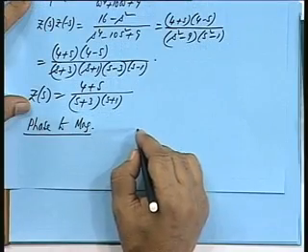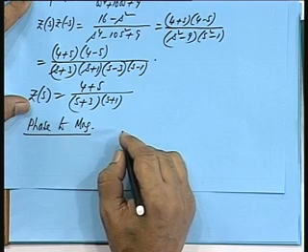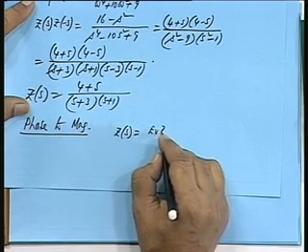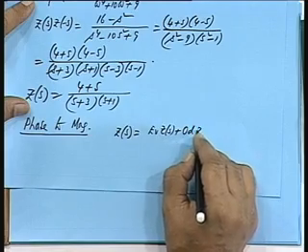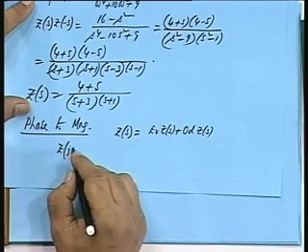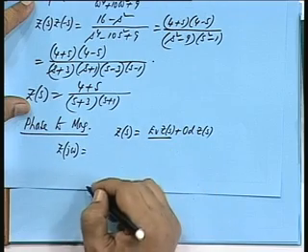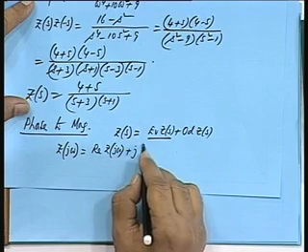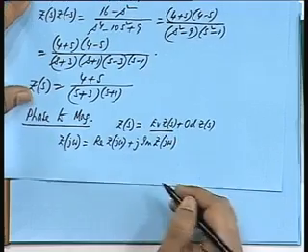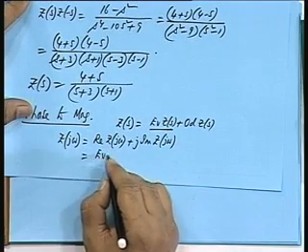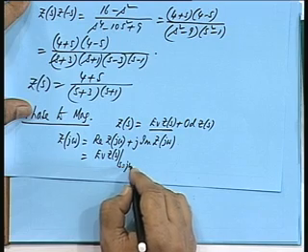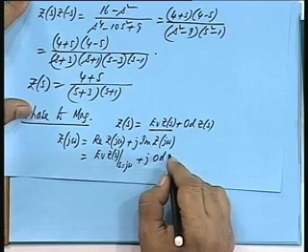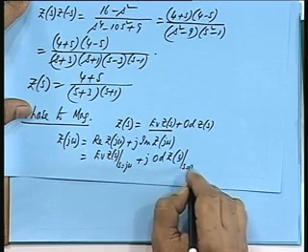Now, if I see the angle of Z(S), if I write Z(S) as even Z(S) plus odd Z(S), then Z(j omega) will correspond to a real part, this is nothing but even Z(S) at S equal to j omega, and this gives me odd Z(S), okay, at S equal to j omega.